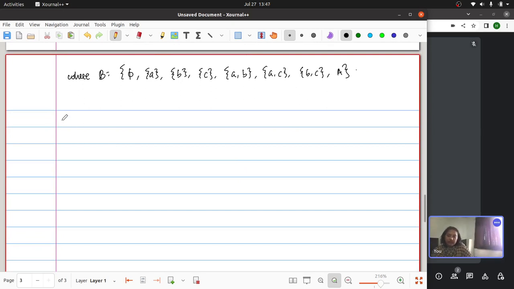Now just a notation or a remark. An element a belongs to a set if it is part of the collection that the set has.